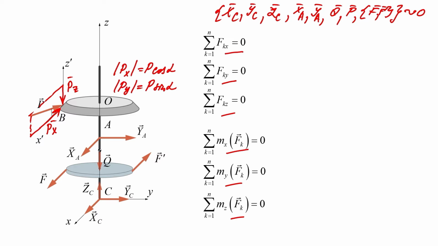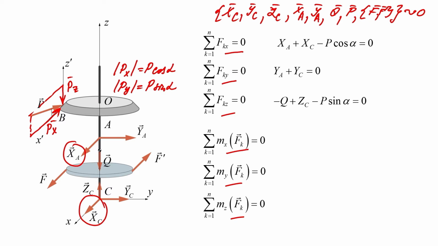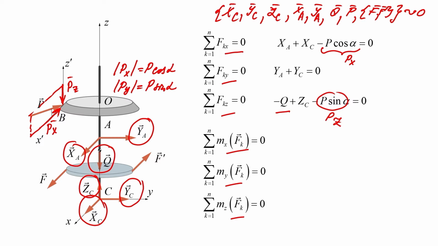Let us write down the equilibrium equations as XA plus XC minus P multiplied by cosine alpha equals 0. YA plus YC equals 0. Minus Q plus ZC minus P multiplied by sine alpha equals 0.